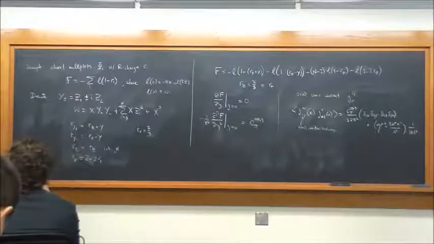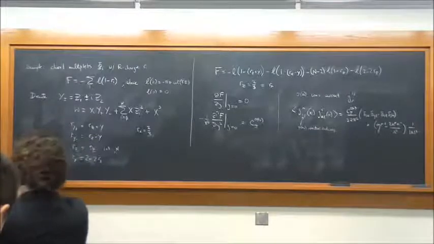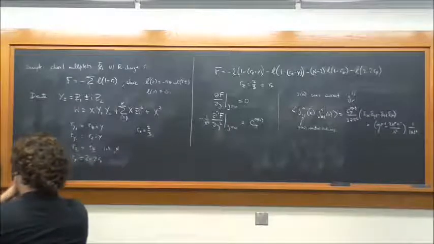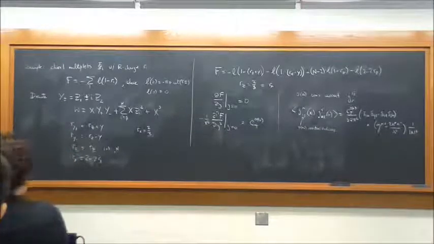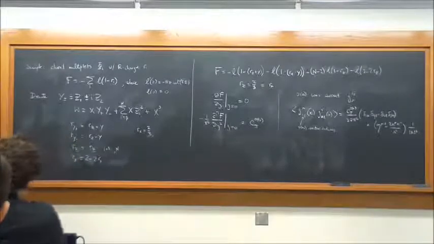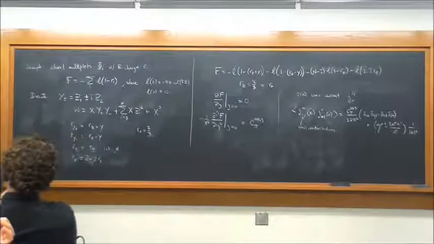The details are very messy, so I'm not going to write them. But they roughly take the form of a sum over superconformal primaries, and there are some functions of U and V. U and V are the conformal cross ratios.